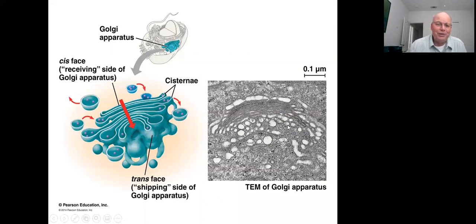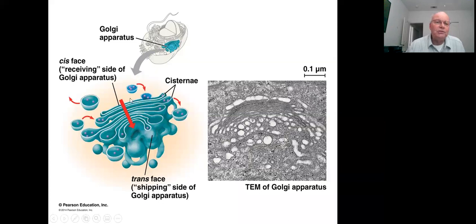So Golgi discovered these, so they're known as the Golgi apparatus or the Golgi bodies, and they are the cellular warehouse. And like all warehouses, there is a receiving dock and there is a shipping dock. The receiving dock is where things come in, the shipping dock is where things go out. So there are two sides to the Golgi apparatus. One side is known as the cis, and you may recall, hopefully, from the last presentation where we talked about cis-trans isomers, cis means same side.